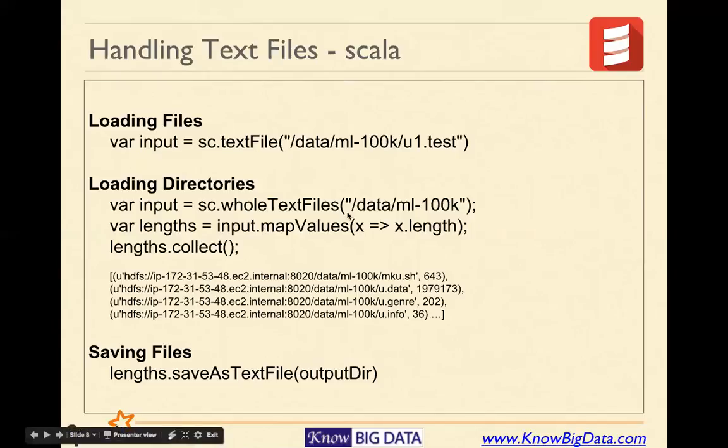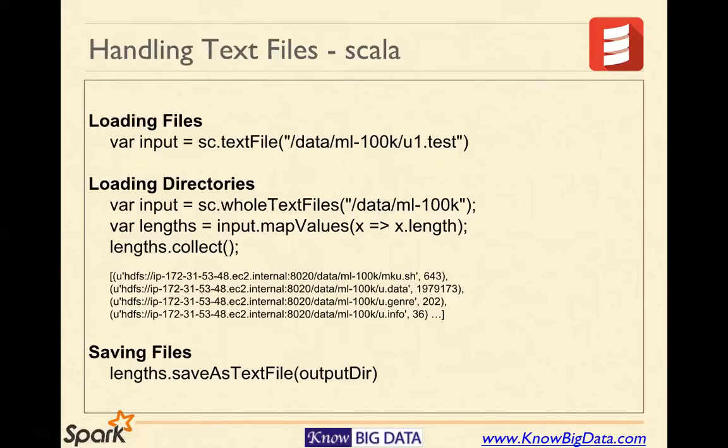So what you see is in this folder there are three files: u.data, u.genre, and u.info. I'll show you this.